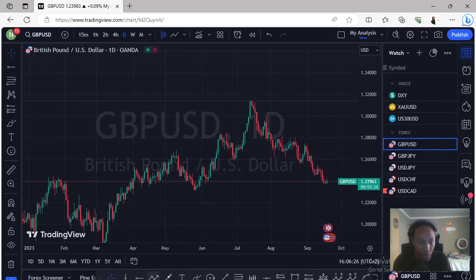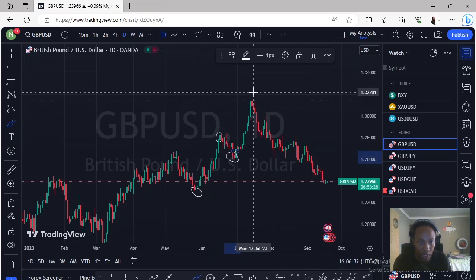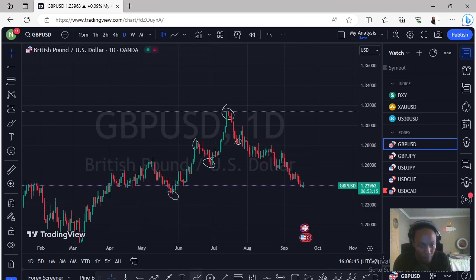So you can see overall we had this uptrend: higher low, higher high, higher low, higher high, higher low. Let me just do this: swing high, swing low, swing high, swing low.